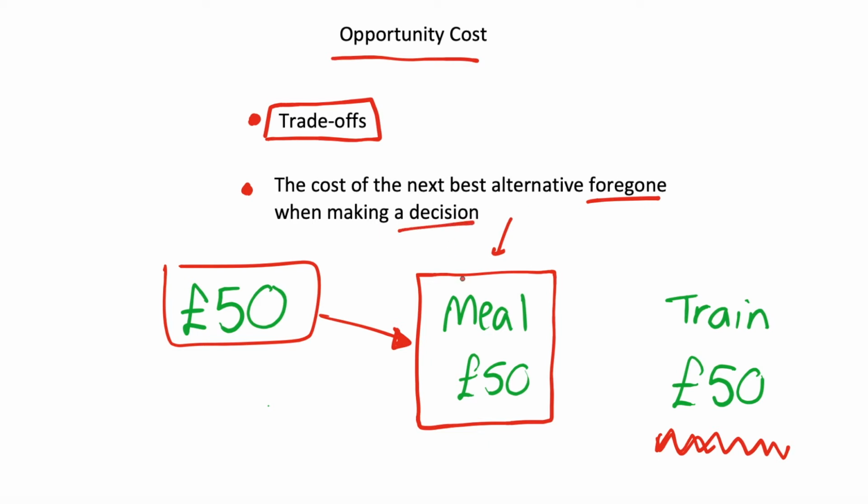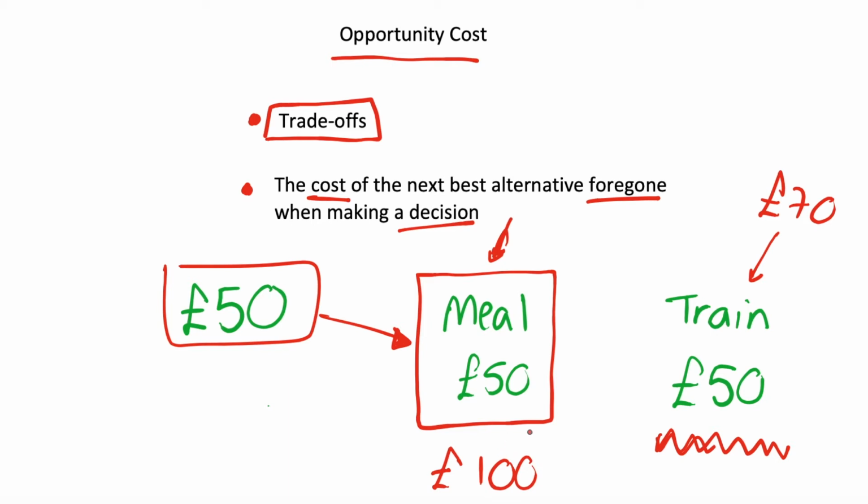We've made a decision, we're choosing our meal, and the cost of this is whatever we valued this train ticket at. If we had an infinite amount of money, we may have been willing to spend, say, £70 to visit our friend. We may really want to visit this friend, but perhaps we actually value this meal at £100.